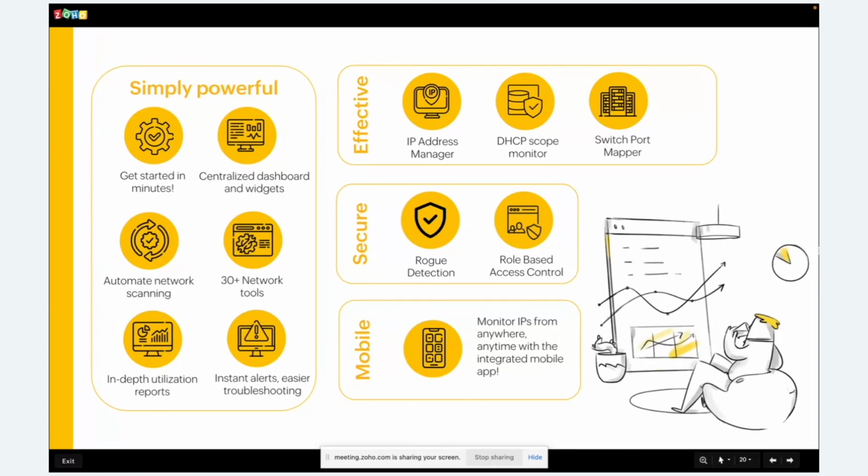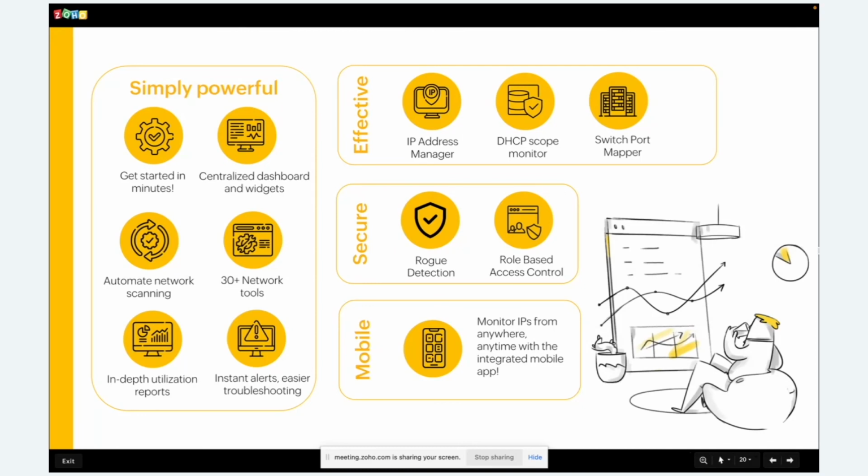You have a centralized dashboard and widgets that help you centralize your IPAM data and manage it with complete ease. You have automated network scanning that makes sure you have real-time data on your screen. We also have 30-plus network tools that make life easier for network admins because they have a comprehensive set of tools centralized for their day-to-day network tasks.